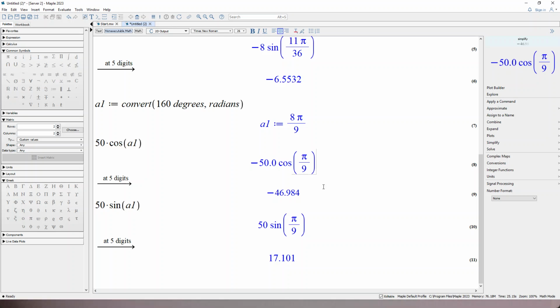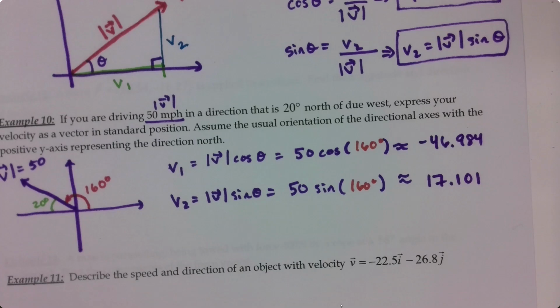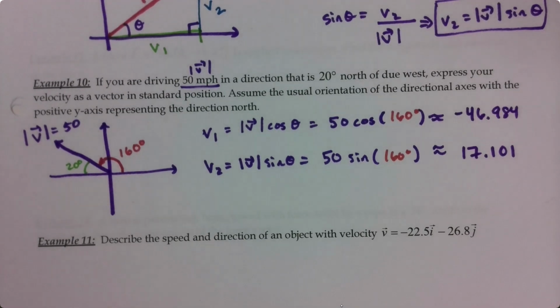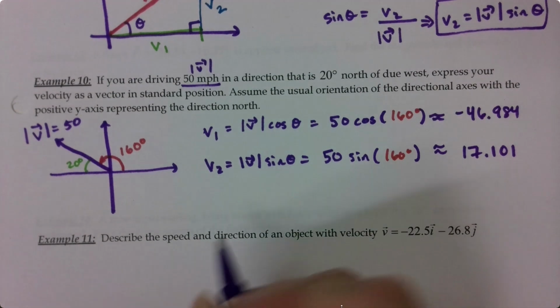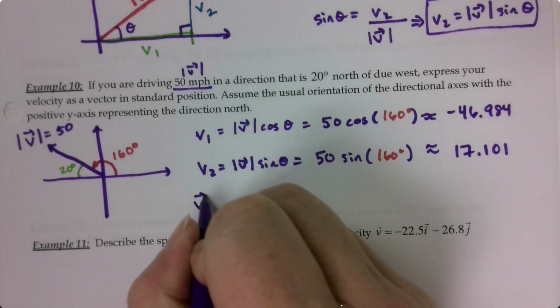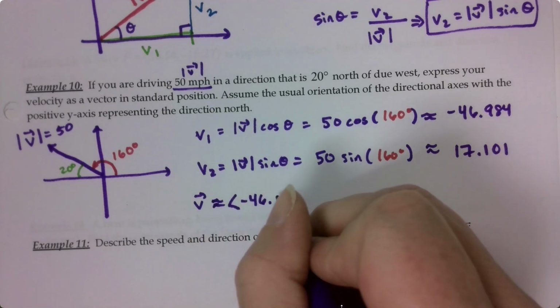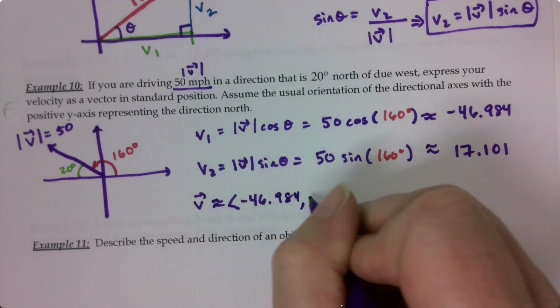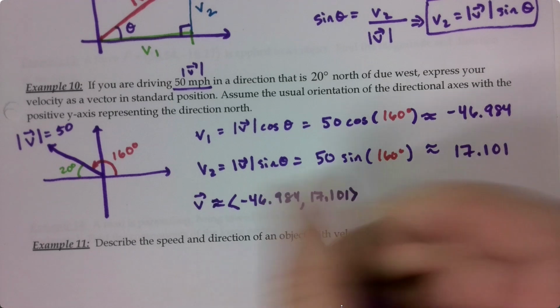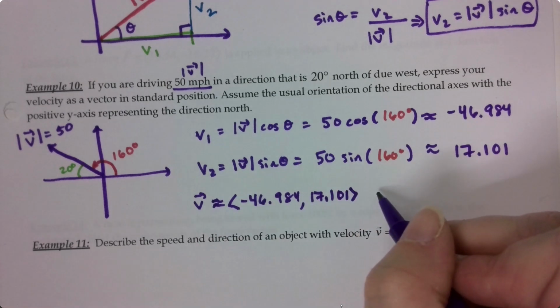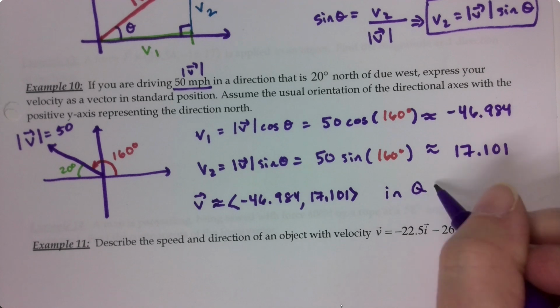So my vector components are negative 46.984 and 17.101. All right, so that will become my vector v. Vector v is approximately negative 46.984 and 17.101. You'll notice that it's in quadrant 2.